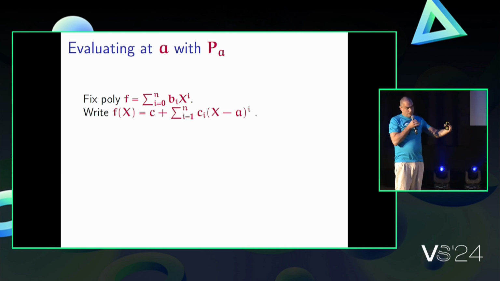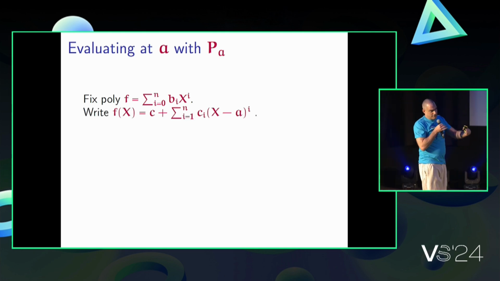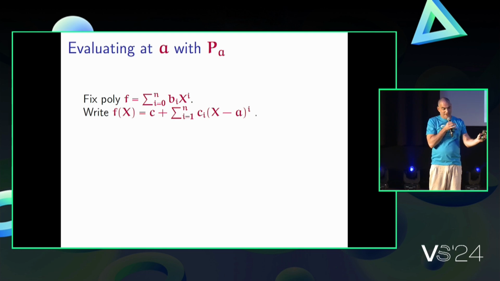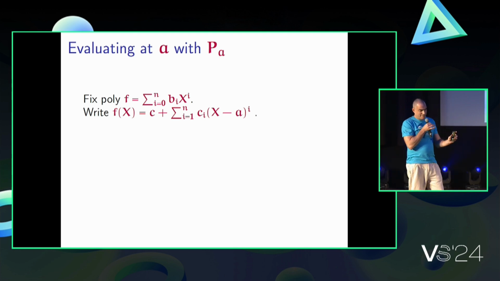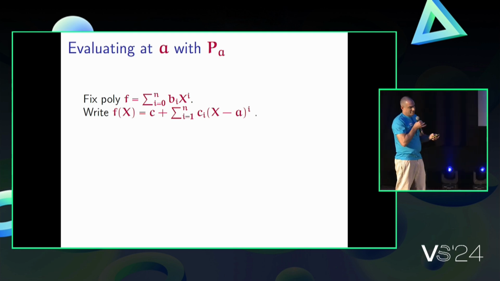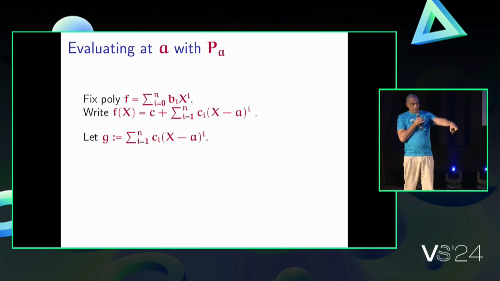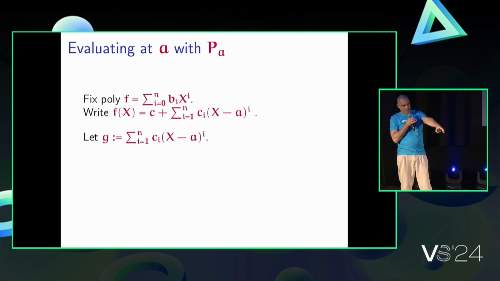So we can write f, instead of in the regular monomial basis, in this basis of monomials of the form (x minus a) to the i instead of x to the i. And let's call this part, the non-constant part, g.